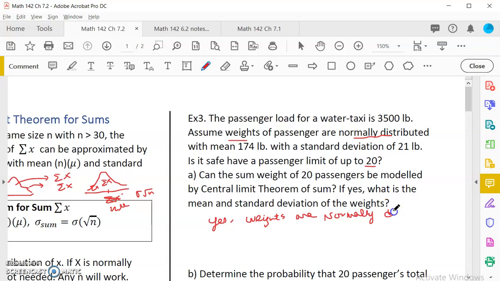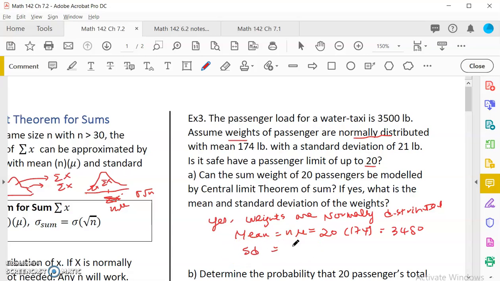So let's set this up. What is the mean? The normal distribution has mean n mu, so we have 20 times 174. That is 3480 in the calculator. What about the standard deviation?